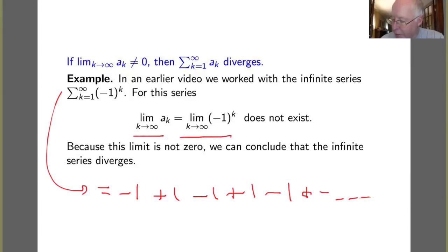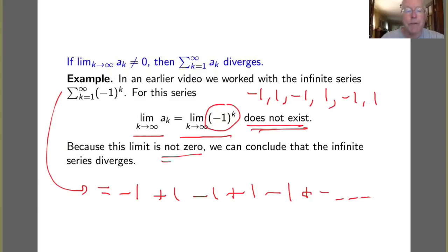This particular sequence bounces back and forth between minus 1 and 1. Never settles down, therefore it diverges. The limit does not exist. And because that limit is not 0, that's all that's important, we conclude the infinite series diverges. We showed this in an earlier video by working with the partial sums, but here we can get the divergence very quickly by using this nth term divergence test.